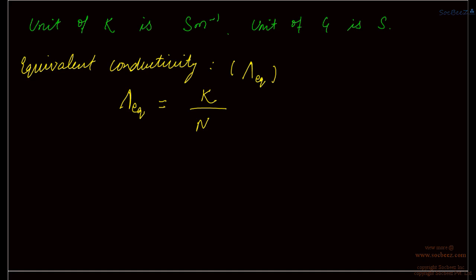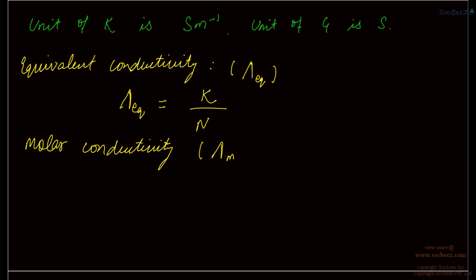Okay, and there is another term known as molar conductivity. This is the same as equivalent conductivity, but in this case it is the conducting power of all the ions furnished by 1 mole of an electrolyte in any solution.